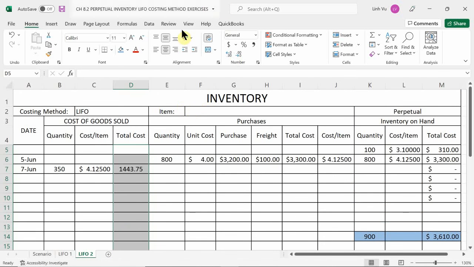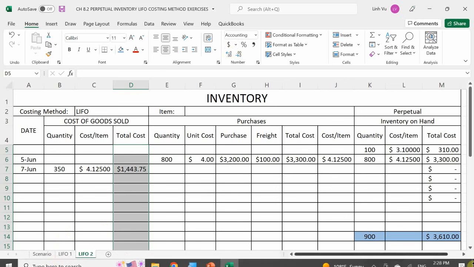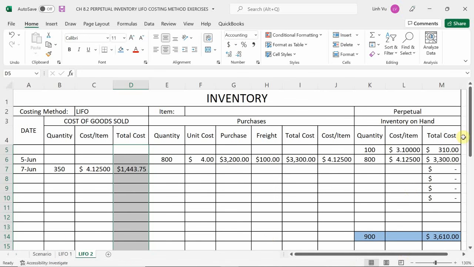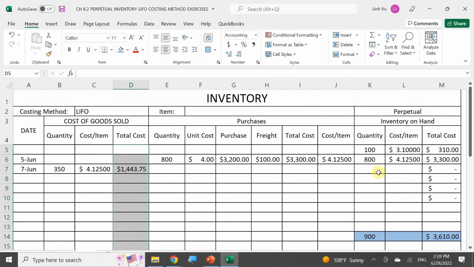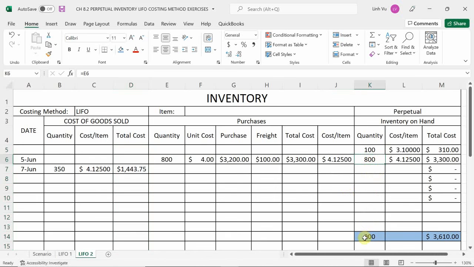So here you got 75 cents as the ending, so that means you should have 25 cents left here on the inventory on hand. So 800 units minus that 350 should give you 450 left, giving you a grand total of 1,856.25.